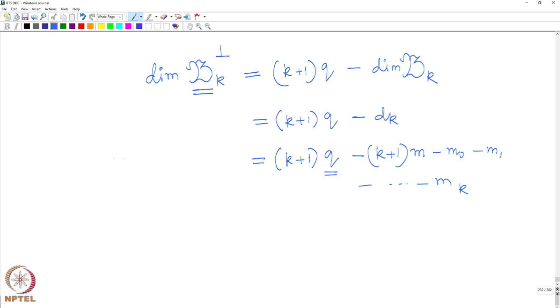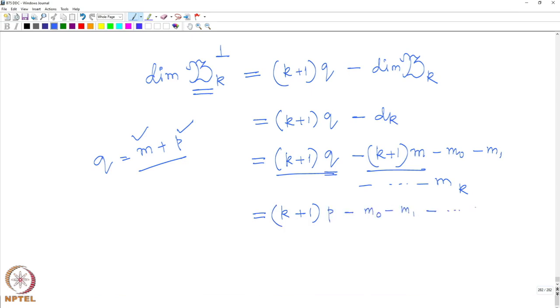Now, q, as you know, is equal to m plus p, input cardinality plus output cardinality. So from here and here, if I do this subtraction, I am going to get (k+1) times p minus m0 minus m1 minus dot dot dot minus mk.